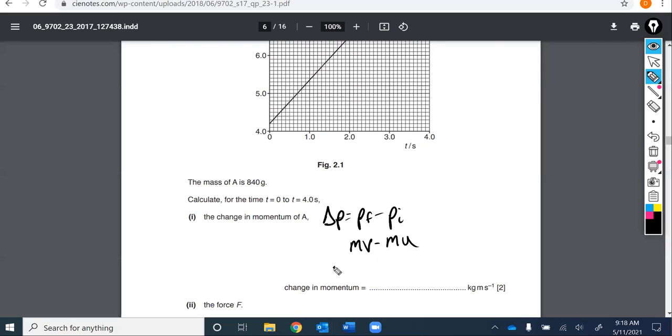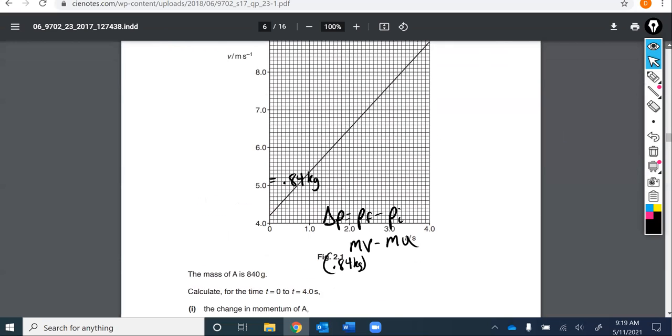The mass is 0.84 kilograms. Right away, some students might make a mistake by just substituting 840 in for mass. Got to remember the base units. 840 grams is 0.84 kilograms. There are 1,000 grams in a kilo, so we divide by 1,000 or just move the decimal point over 3 places if you're comfortable with that.